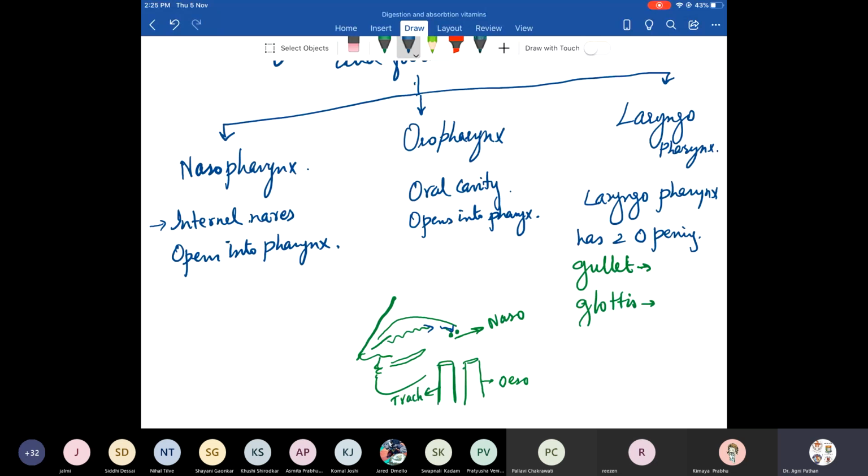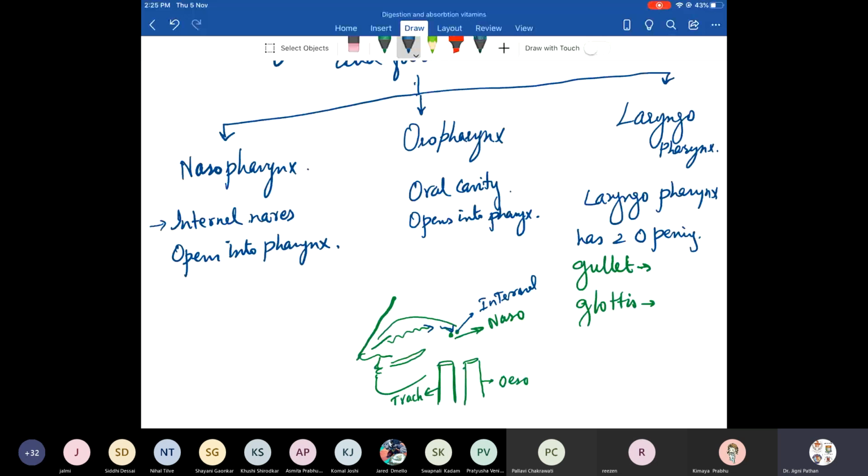When you widely open your mouth and check the palate, very far behind, you can see the openings connected to these two, called internal nares, through which air enters. The immediate region is called nasopharynx.